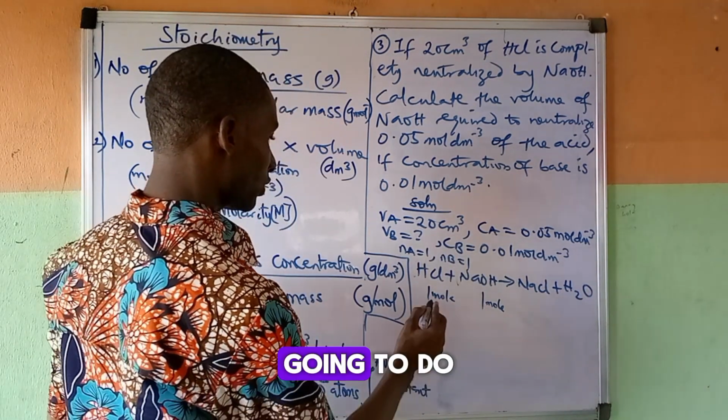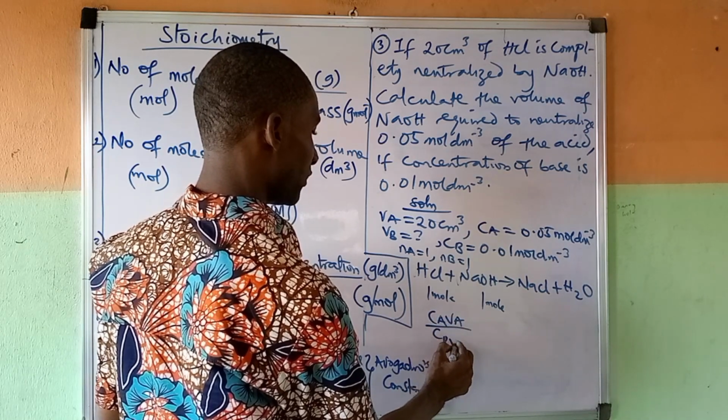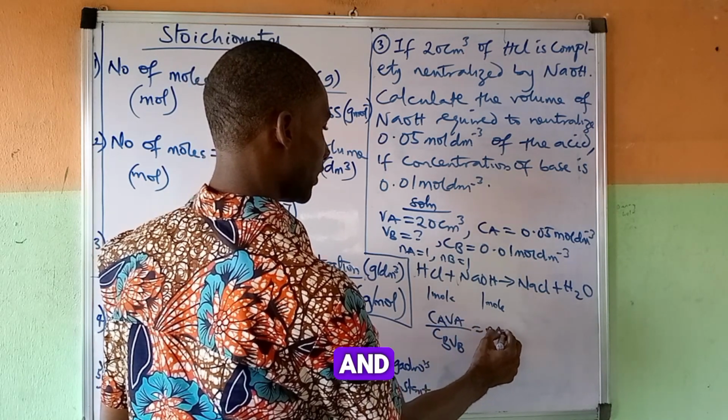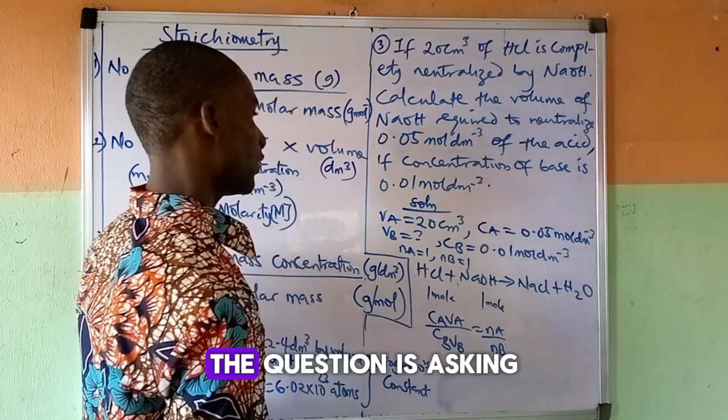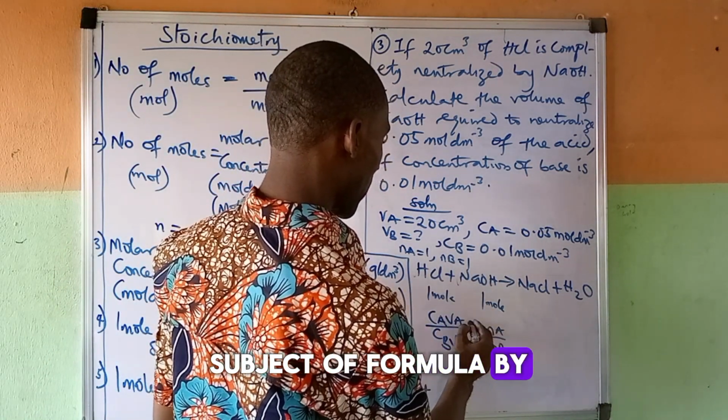So what formula are we going to use? CAVA over CBVB equals NA over NB. And the question is asking us to find VB. So we make VB the subject of the formula by cross multiplying.